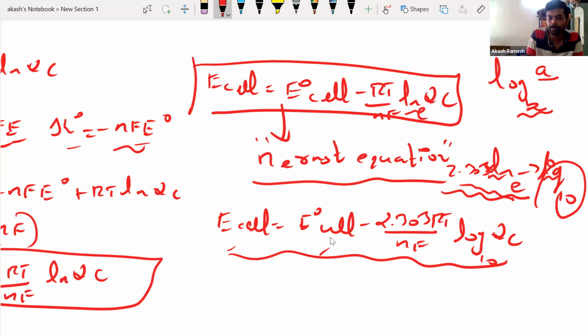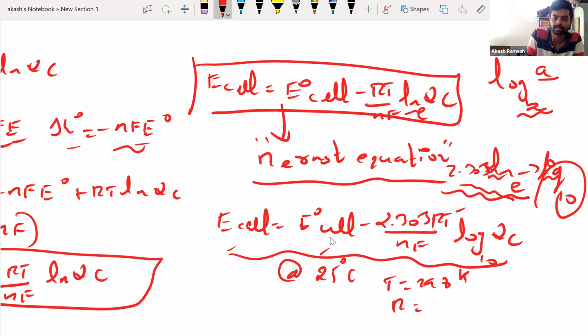Let me tell you how. 99% of times, the reaction will happen only at 25 degrees Celsius. If T is 25 degrees Celsius, you should not write it like that, you convert it to Kelvin. So T is 298 Kelvin.